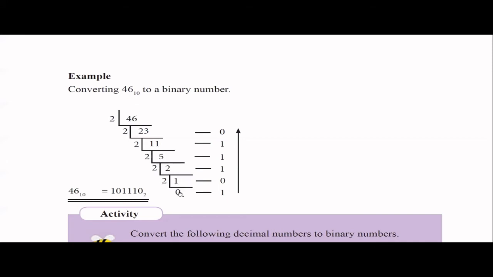You cannot actually divide 1 by 2, so the quotient is 0 and the remainder is 1. When you write the answer, you write the remainders from bottom to top. So 101110, base 2. Please write the base, otherwise the answer is wrong.